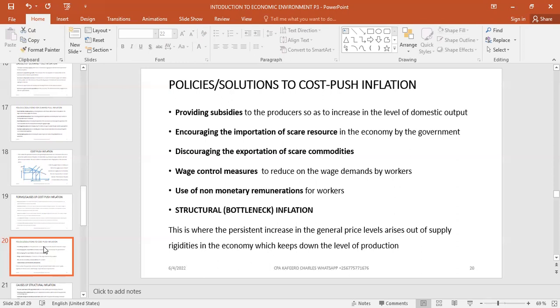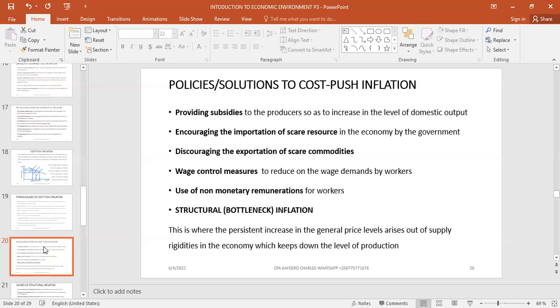So if the supply is restricted by the machine itself, then there is supply rigidity. It comes not because people are unwilling to produce, but because something cannot be adjusted. Even if the demand is there, you cannot adjust. That is what we mean by structural inflation.